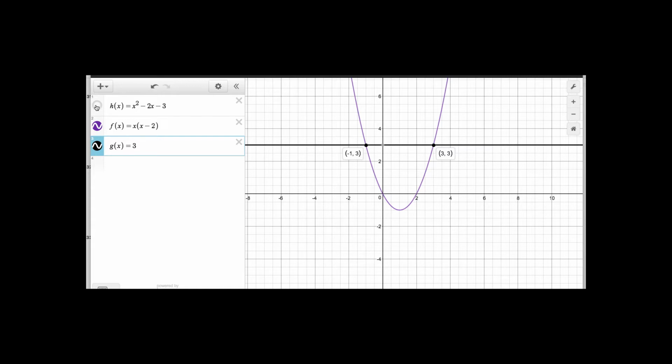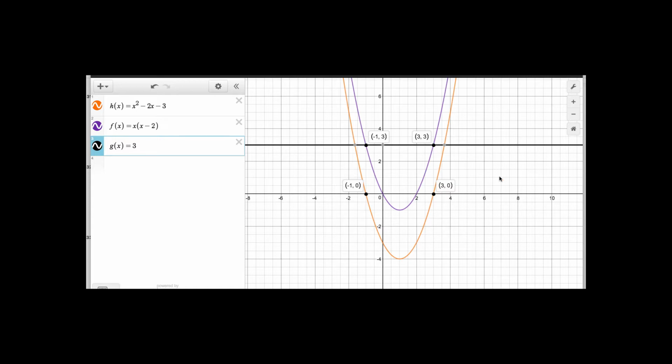Now, if I turn this one back on, which is what that equation ends up looking like as a quadratic set equal to 0, you'll notice that the x-intercepts of this function are also going to be at -1 and at 3. And notice those line up with this point and this point. Again, I'm looking at the x coordinates only.